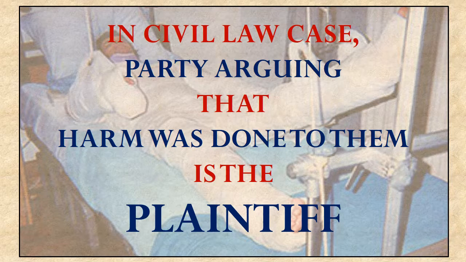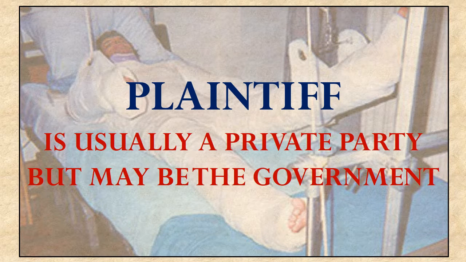So the party arguing that some harm was done to them in a civil law case is the plaintiff. They're the ones accusing the defendant of having done something bad. In other words, they're saying, you harmed me, and now I want justice in return. The plaintiff is usually a private party, but not necessarily. The plaintiff could be the government also.